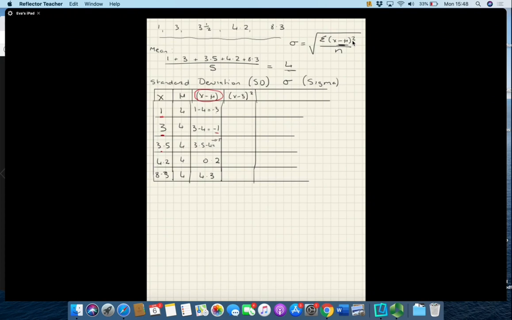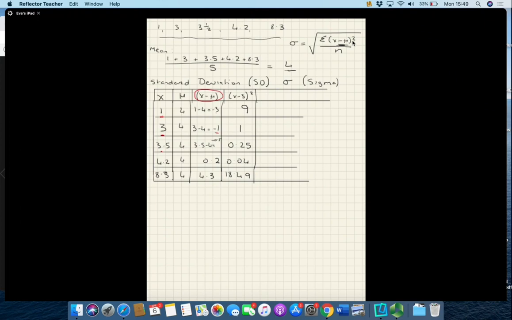So minus 3 squared will give me 9, minus 1 squared will give me 1, minus 0.5 squared will give me a quarter, 0.25, 0.2 squared will give me 0.04, and then 4.3 squared would give me 18.49.